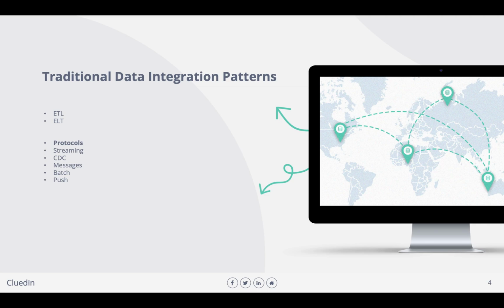Next, we have messages, and I guess you could also call them enterprise service bus type of data integration patterns. This is quite a good integration pattern. It covers off and checks a lot of boxes. It's the idea of utilizing something very similar to batch type of approaches where we ask a source system to query a certain amount of data and we move that data onto a message bus or an enterprise service bus.